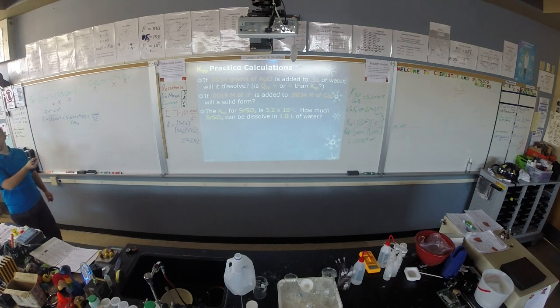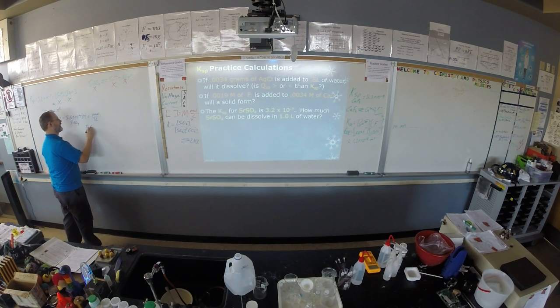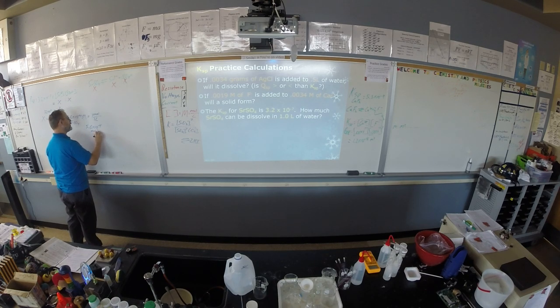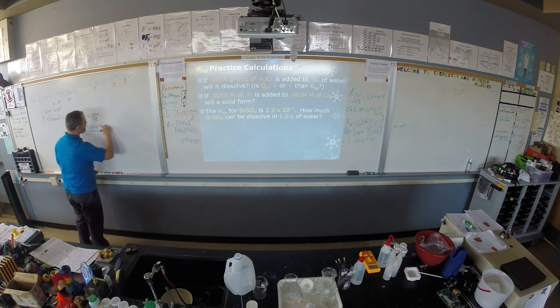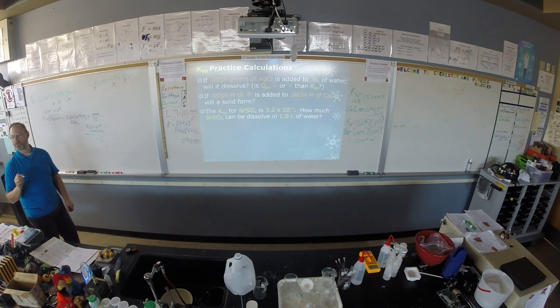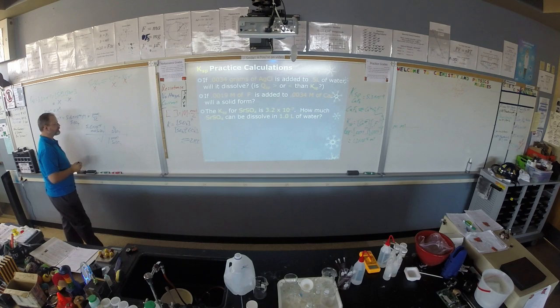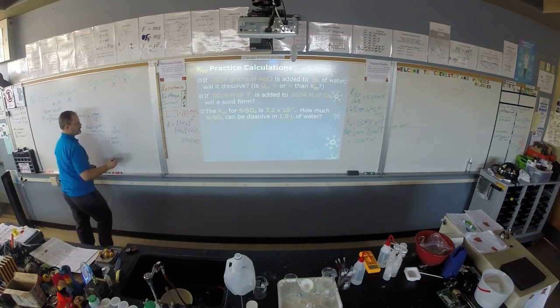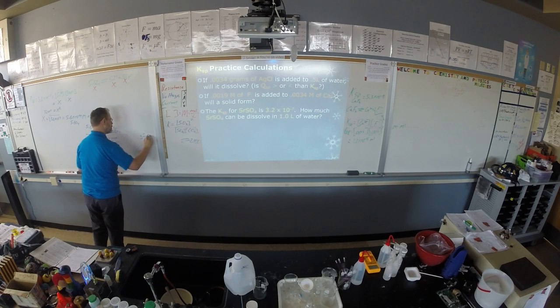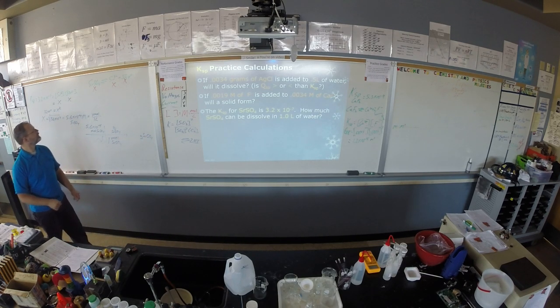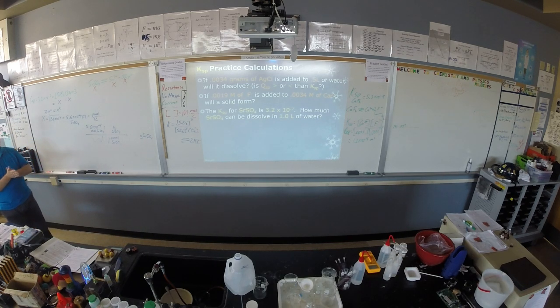Even I can do this in my head. 5.6 times 10 to the negative 4 moles of strontium sulfate, and we are 1 exercise away from knowing how much we can dissolve. Strontium sulfate's mass is 188.